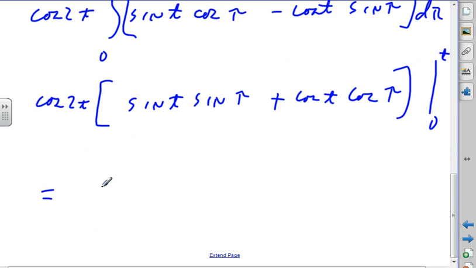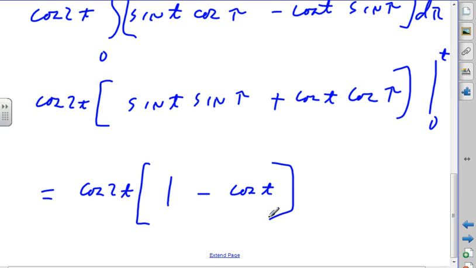Okay, so that's going to be cosine 2t times, I'm going to put in a t, and that's going to be sine squared plus cosine squared, so that's going to be a 1, minus, I put in the 0, and that goes away, this becomes a 1, minus cosine t. And that should be our final answer.